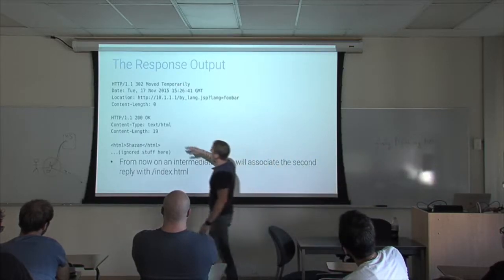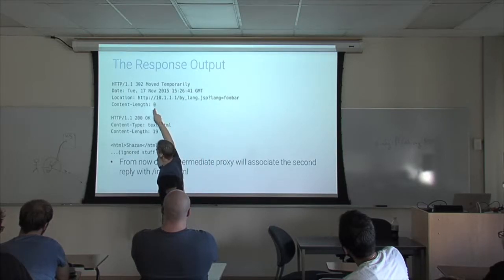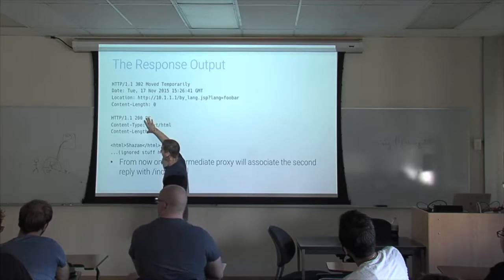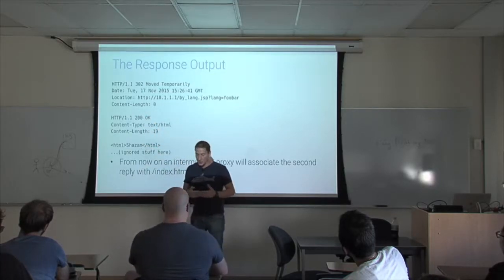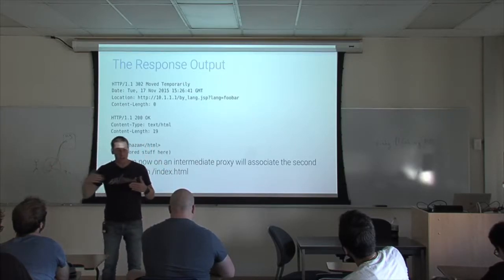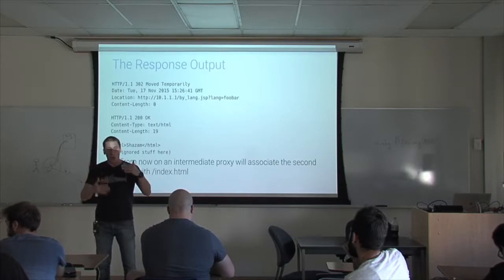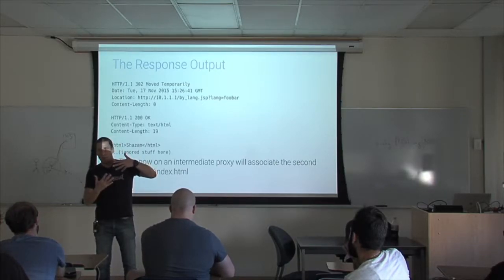You can see that here, by lang is new line, content length 0. So this will be the first request. Then we'll create another one with the content, and since there are multiple requests in this one HTTP connection, any intermediary will face the mapping the wrong way.